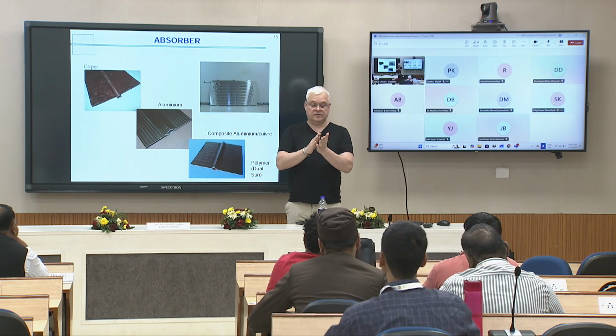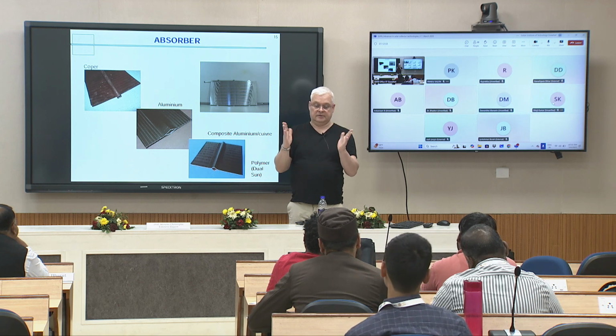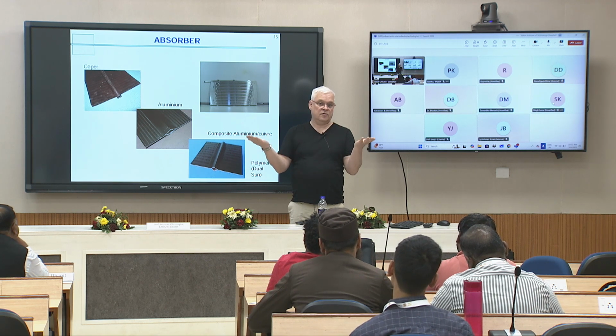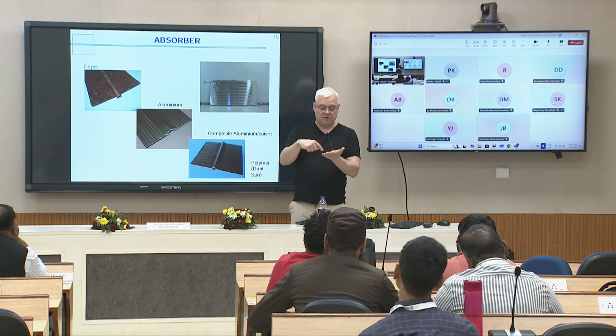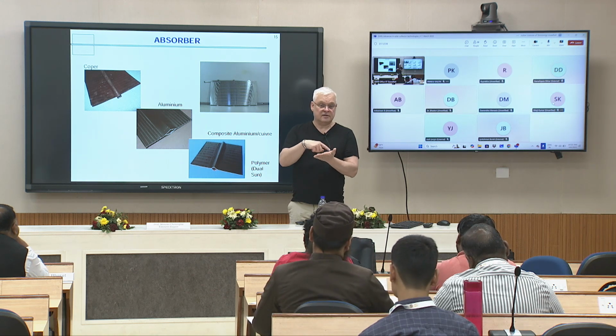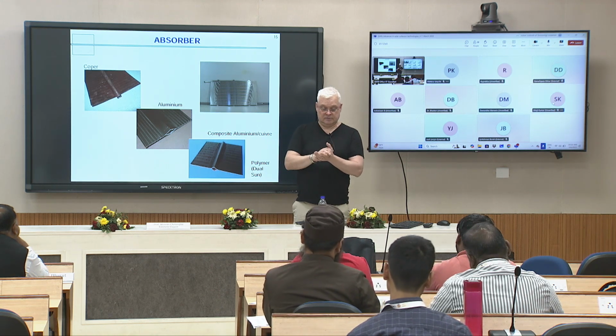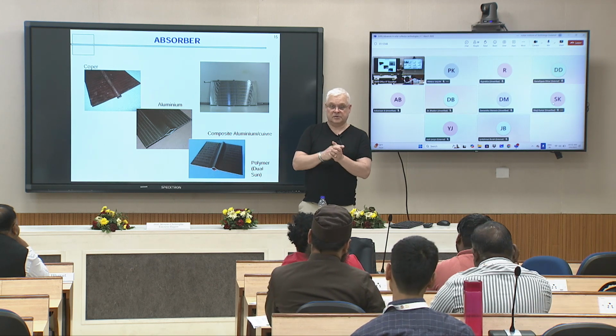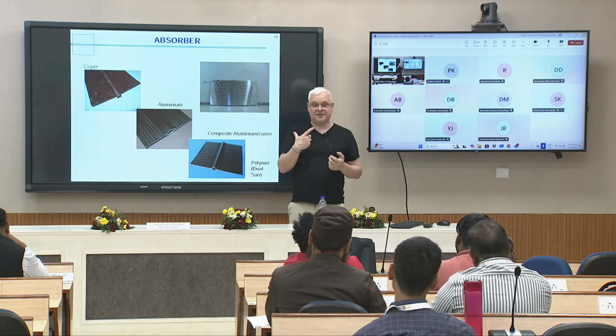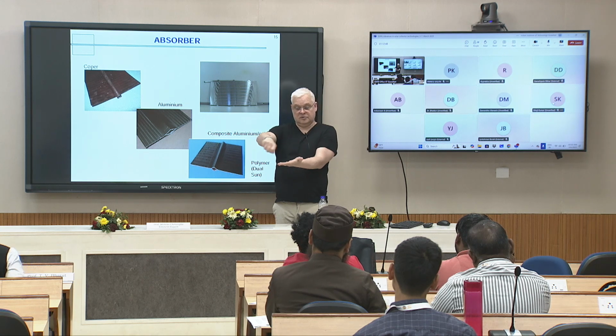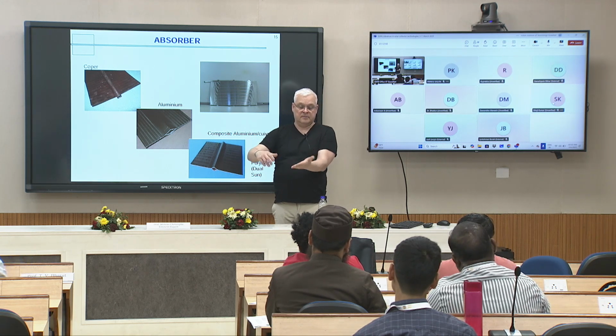Roll bond. So you have two pieces of aluminum, two foils of aluminum. On one, you are drawing with ink the design you want. You can have an exchanger in any shape because it's just printed on one foil of aluminum.